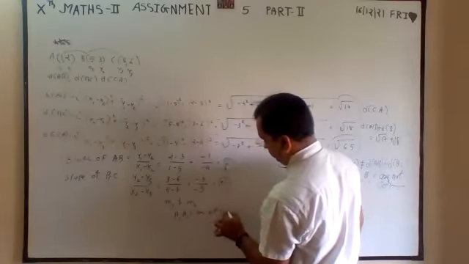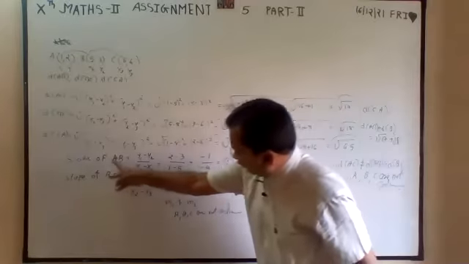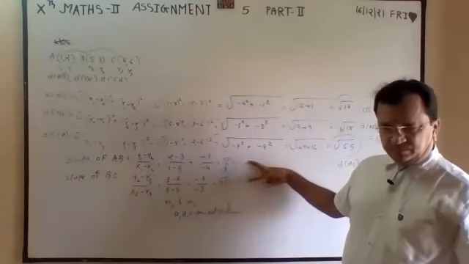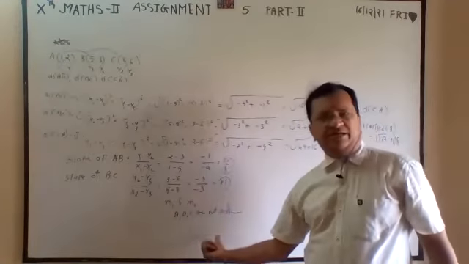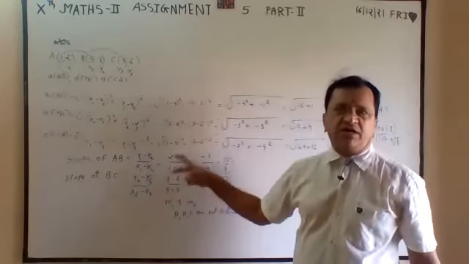See, in the first method, how many steps? And here you have to find out 2 slopes. If both are equal, it is collinear. Otherwise, if both m1 and m2 are not equal, it is not collinear. Follow?